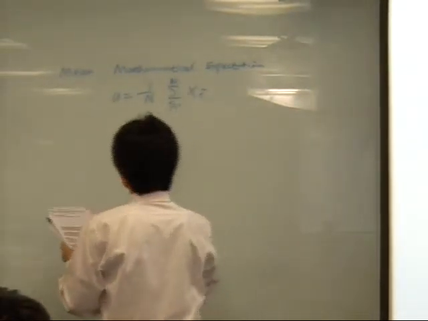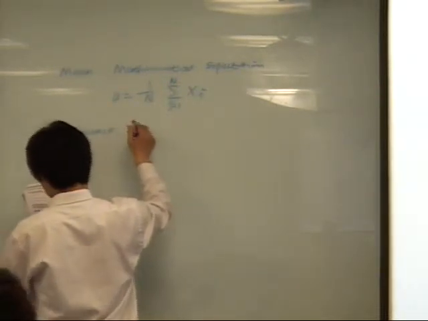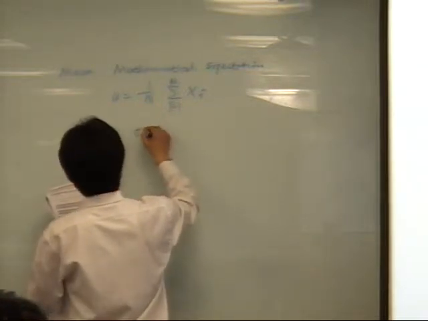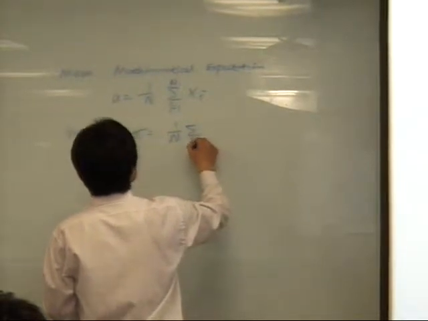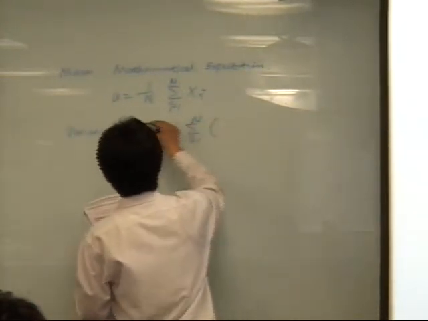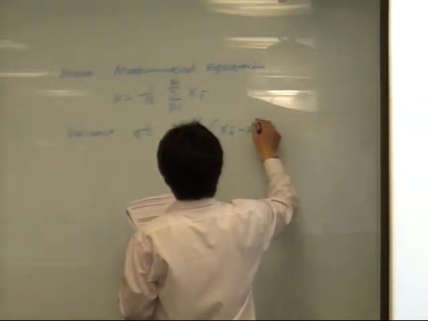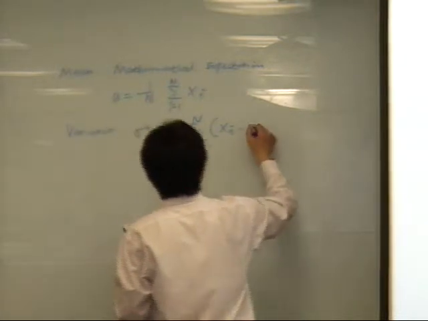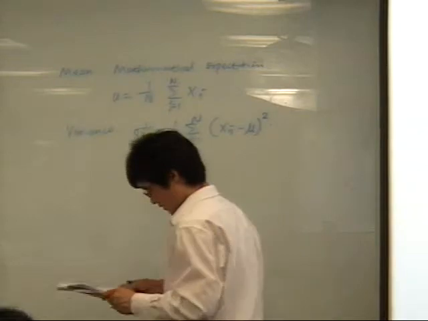We have variance. I'll write it in squared. What is a good symbol for nu?